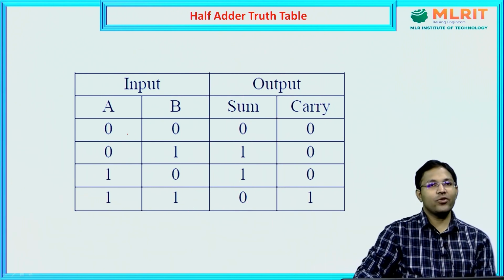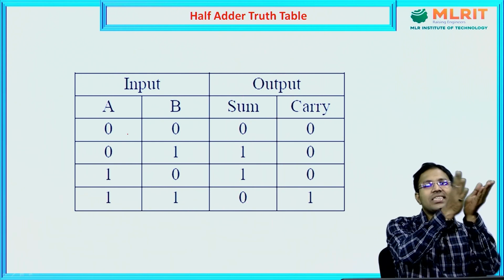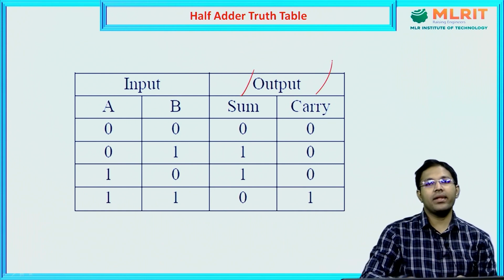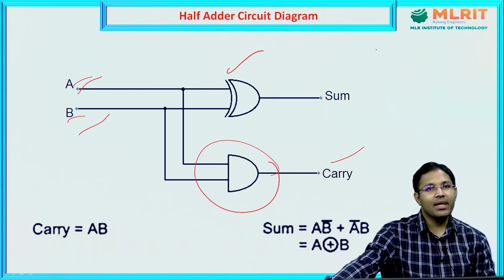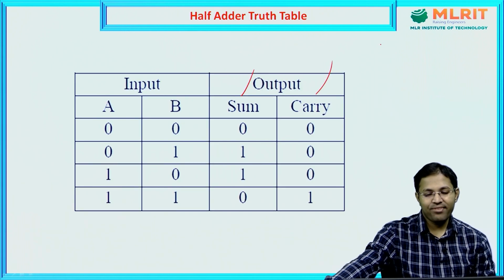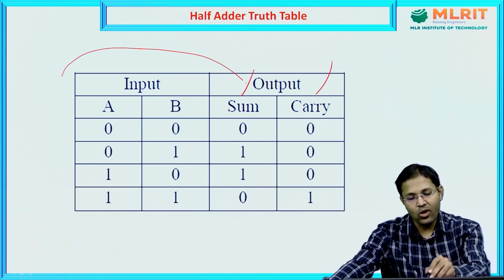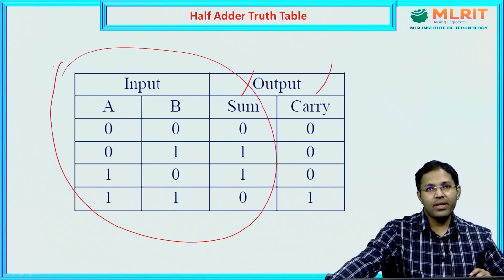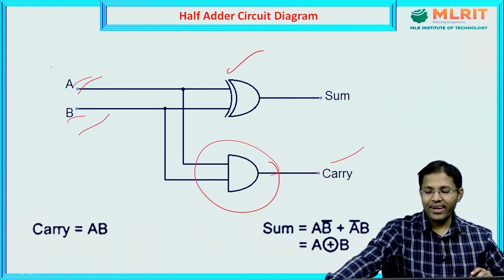So what are we doing here? Half addition is nothing but addition. So we are performing addition, we are getting the table, and from the table we are identifying what logical gate will perform this operation. Based on that we are finding out the circuit diagram.